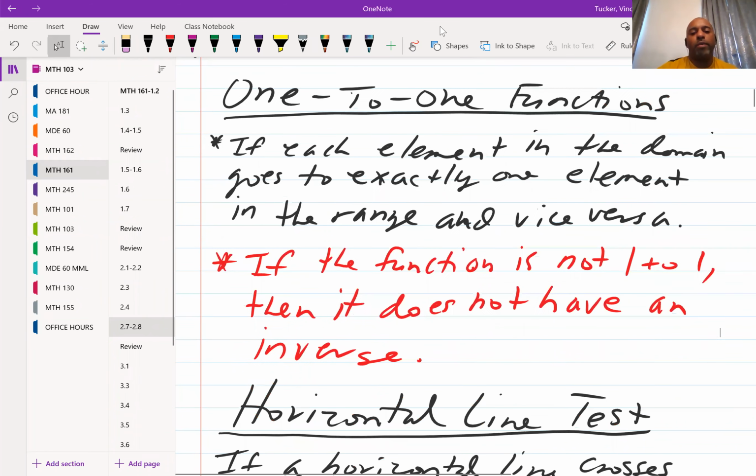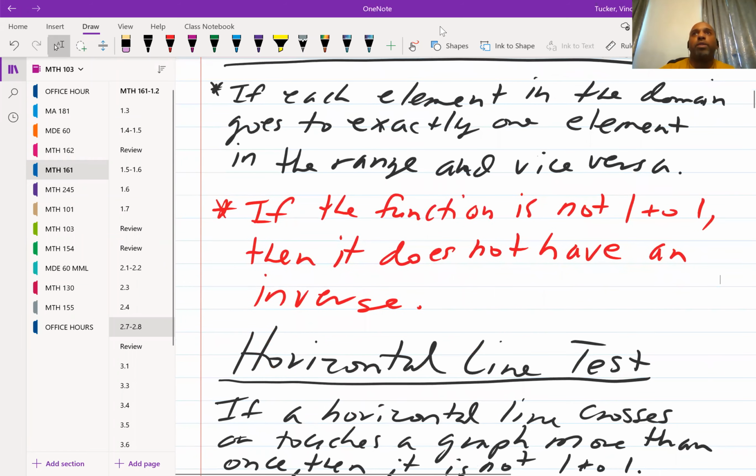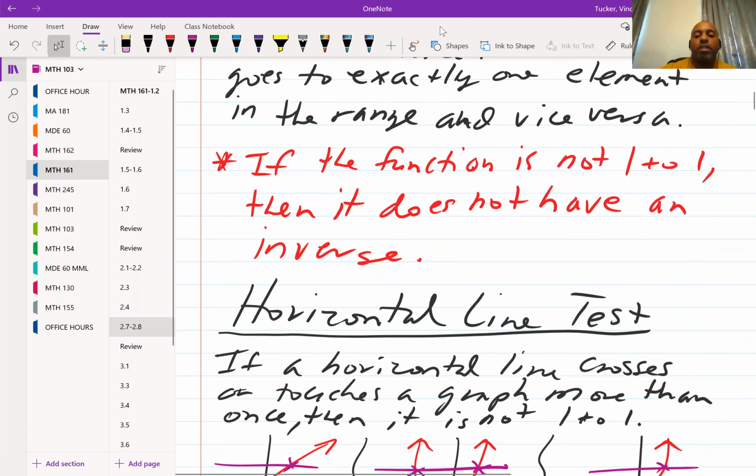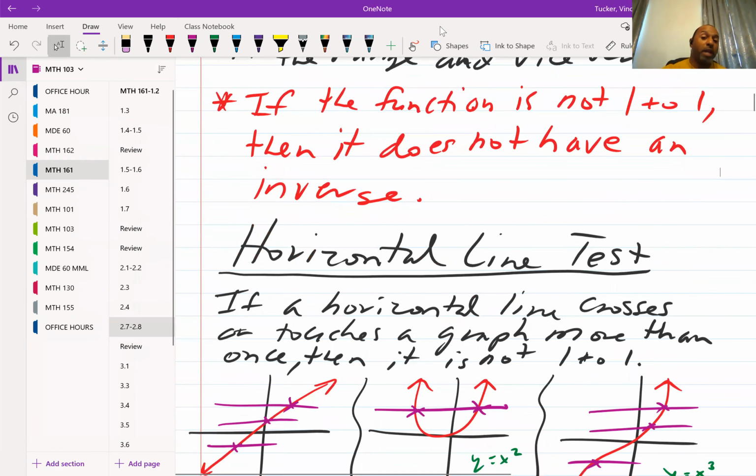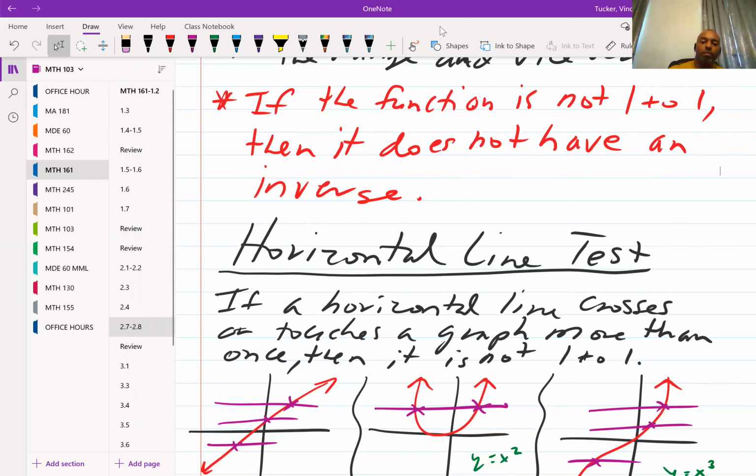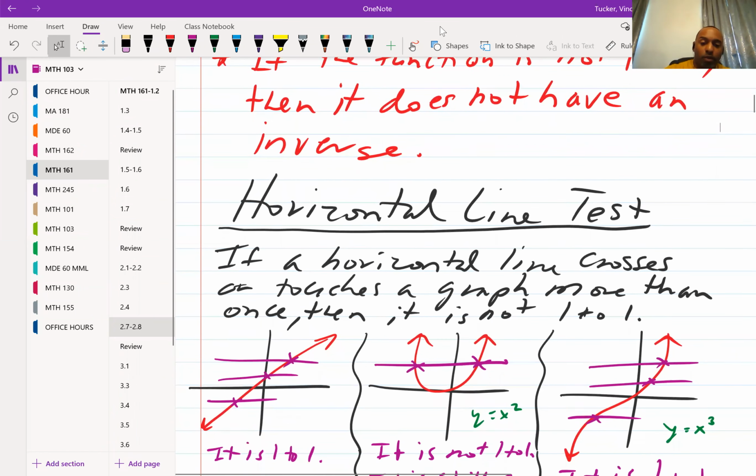All right, so the way we will be able to test that one-to-one relationship is by the horizontal line test. Remember before we had the vertical line test? The horizontal line test is the exact same way, it's just that it's horizontal. So it says if a horizontal line crosses or touches the graph more than once, then it is not one-to-one.